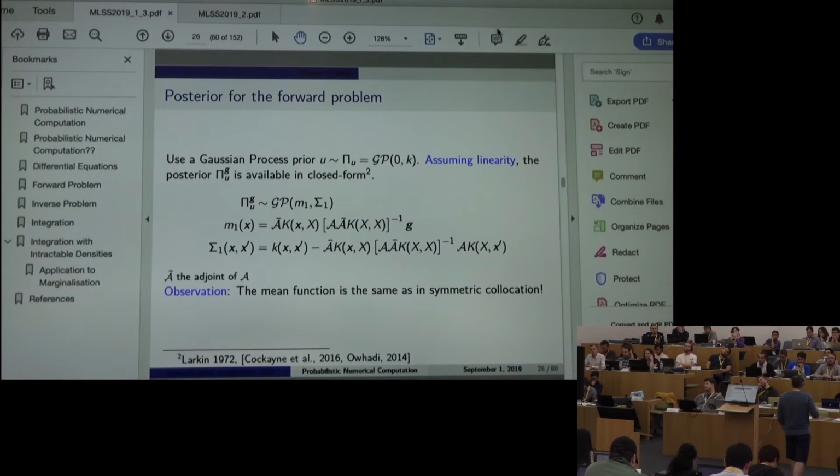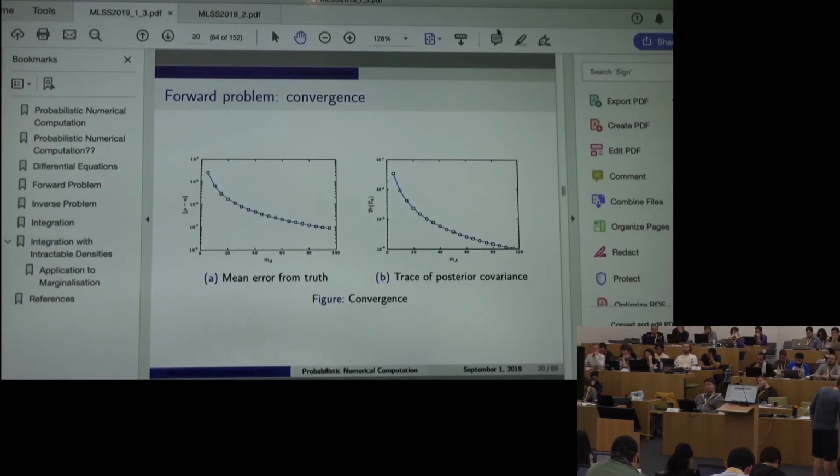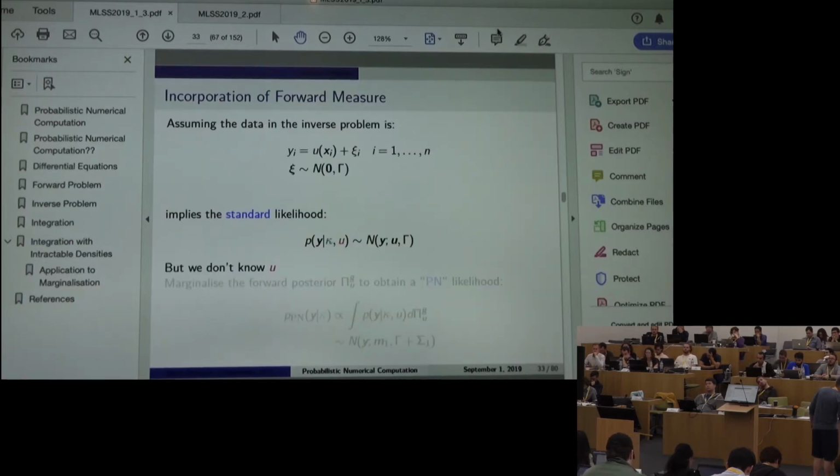And if you remember again, I made the point that this mean function is actually basically just the same as the numerical solution that you would obtain if you were to employ a symmetric collocation method. So that's the mean that we obtain.